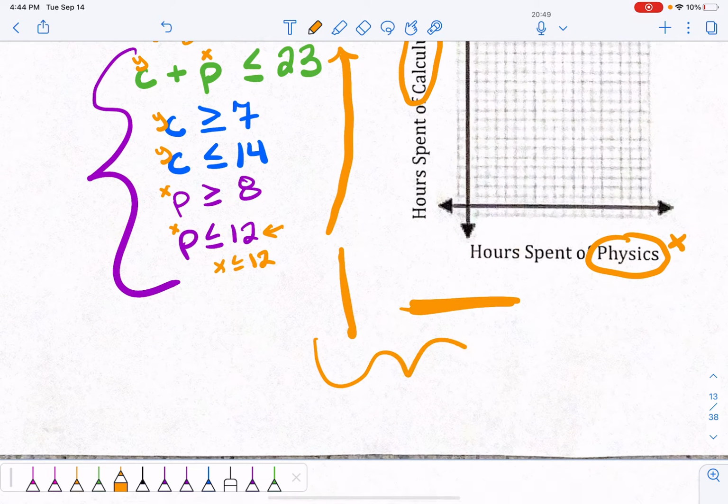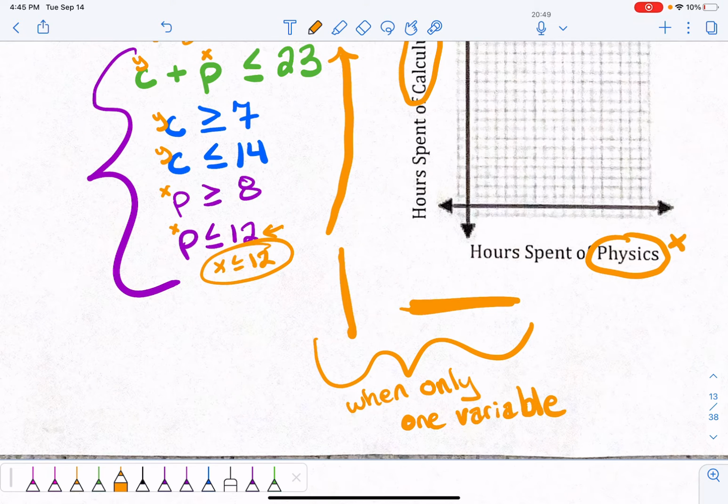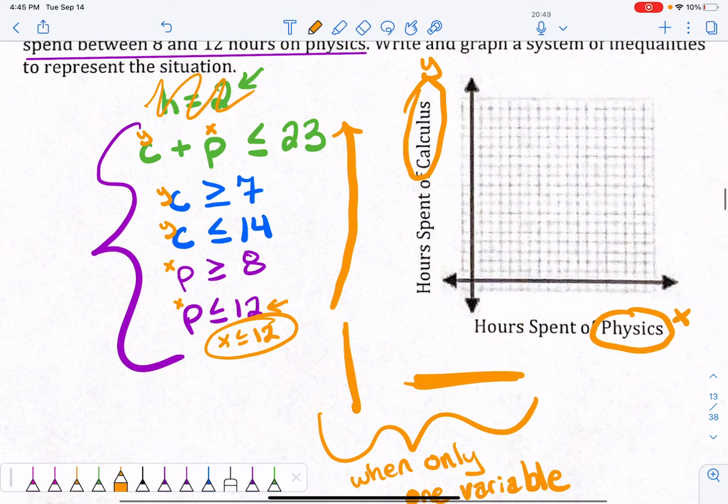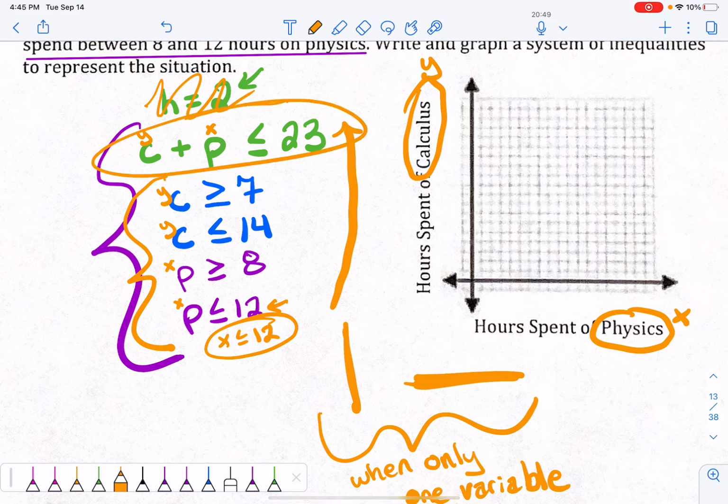Like I only have an x or I only have a y in the inequality, like this one that's only x, there's no y at all. Really, all of these have only x or y and not the other variable. This top one is the only one that has an x and a y together. So these last 4 are just going to be vertical or horizontal lines, and they're not going to have a slant to them.